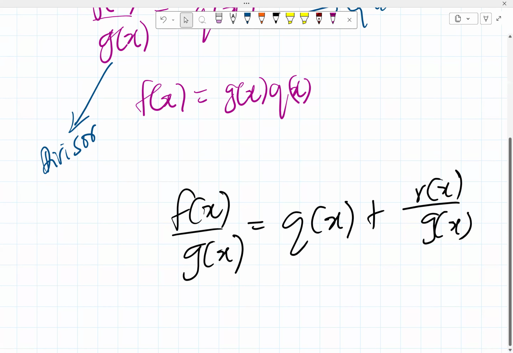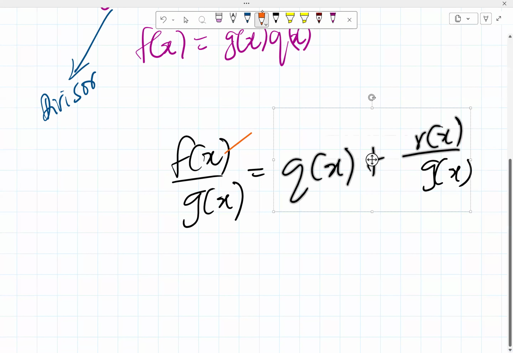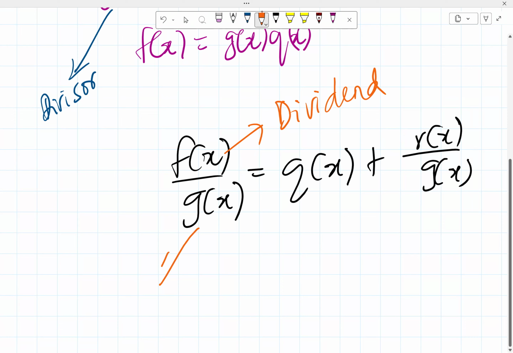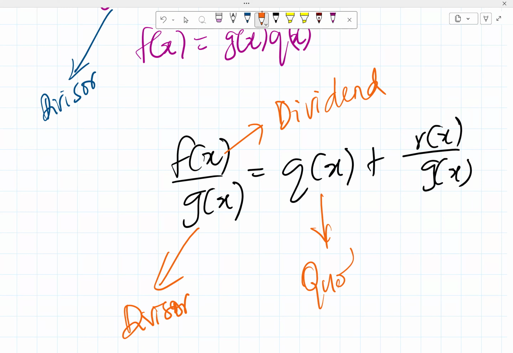In this case, f of x is the dividend, that is what you are dividing, and g of x is the divisor, what you are dividing with. Q of x is the quotient, that is the answer you get, and r of x is the remainder. I've said this in a video before.